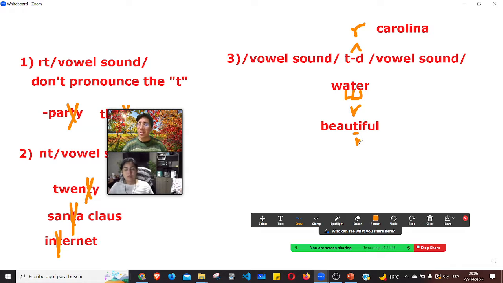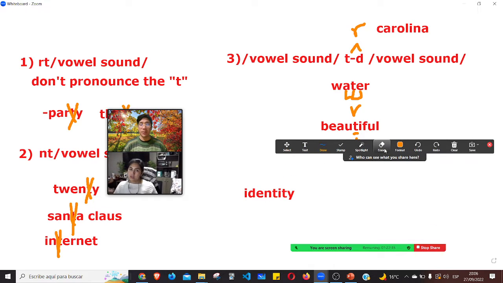Okay, so did you understand rule number 1, number 2, and number 3? Yes. How do we pronounce identity in English? Identity, because you drop this T and then you have an R. You say identity. That's amazing.